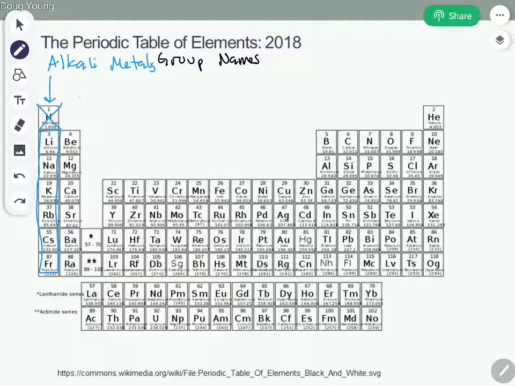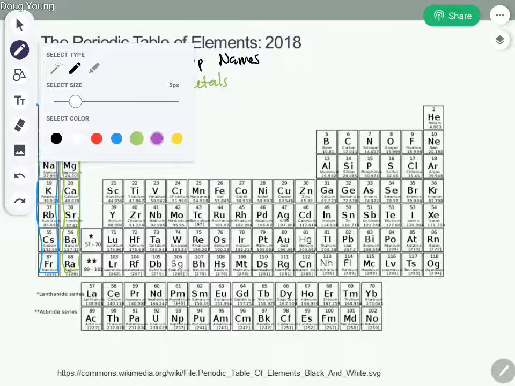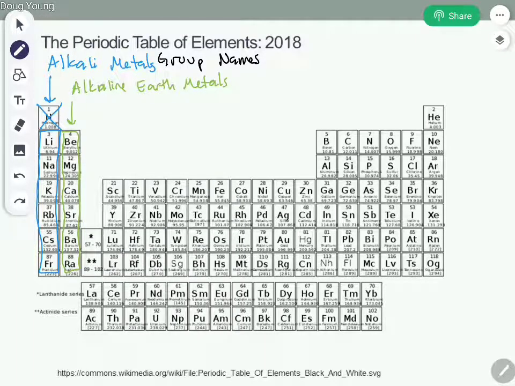The second one are the alkaline metals, or alkaline earth metals. And like I said, that's all of these. So beryllium, magnesium, all the way down to radium. This next chunk are the transition metals.